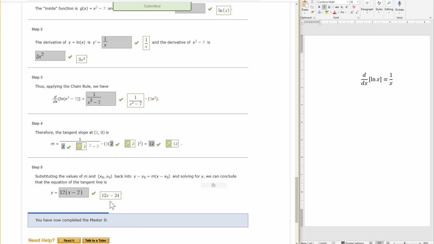Now you can multiply this out like they did. 12x minus 2 times 12, which is 24, so 12x minus 24, if you want to write it in slope intercept form. But I think our answer was good. So that's it. I hope this helps.